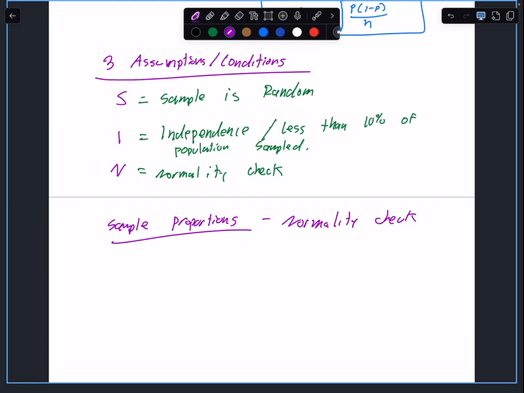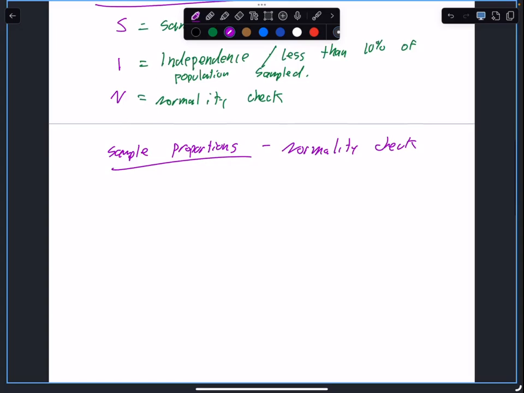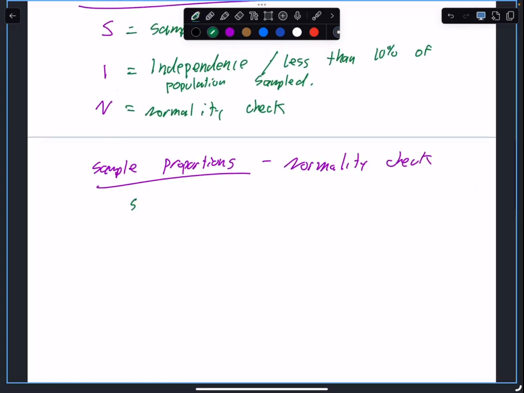When we get to sample means, the normality check changes. Here it's called the success and failures condition, which we've done before.